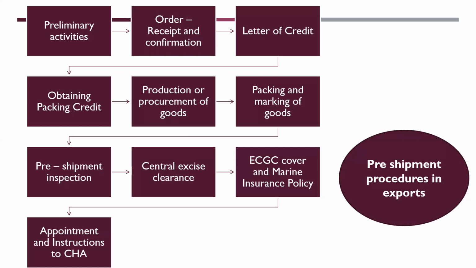Okay, so they got the loan, and with the help of the loan, they may take a call now whether they want to produce the goods by taking the raw material and then converting that raw material into finished goods, or whether they simply need to procure the goods, they only need to purchase them from somewhere and give them to the importer. So that call the exporter needs to take over here.